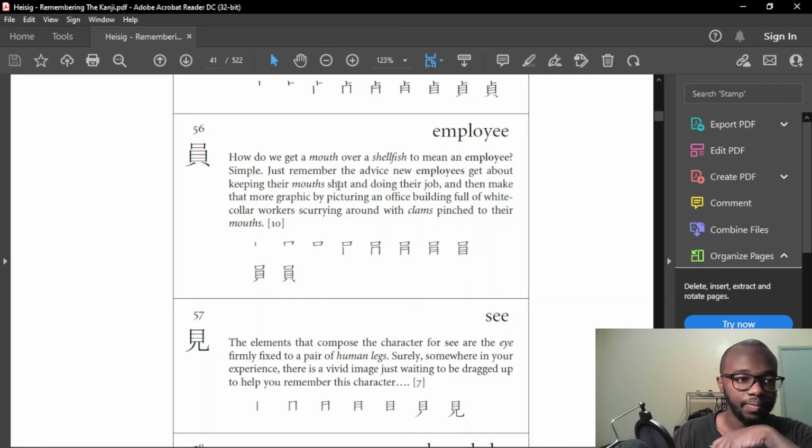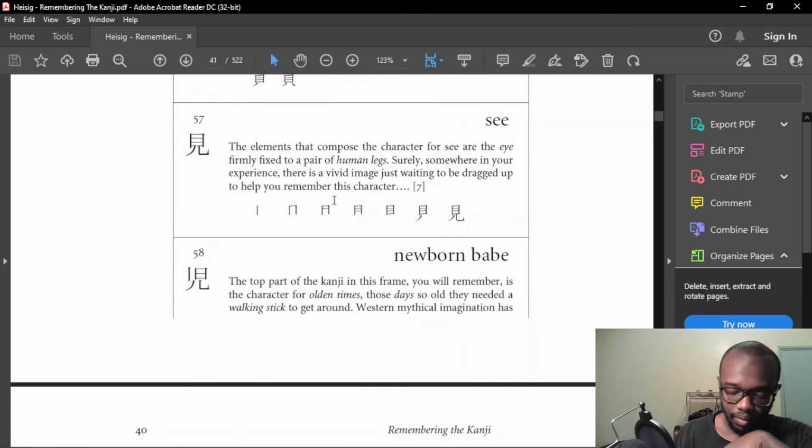Yeah. If that's not vivid enough, I think I'll just change it. C. The elements that compose the characters for C are eye and human legs.